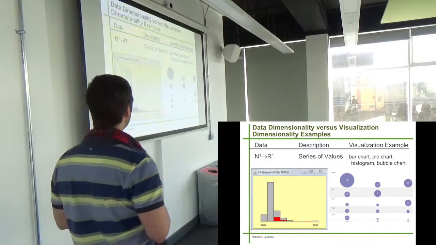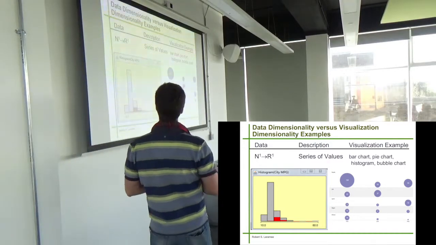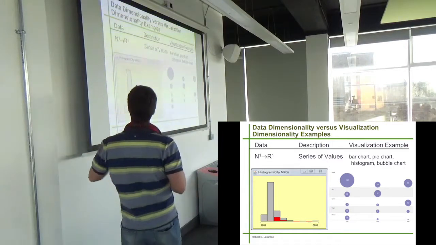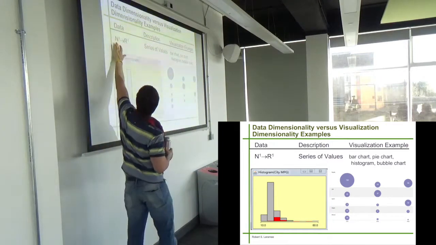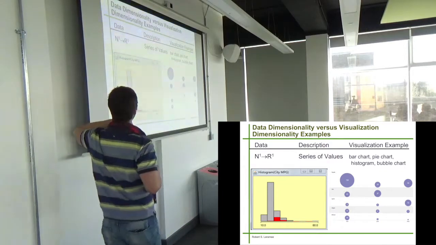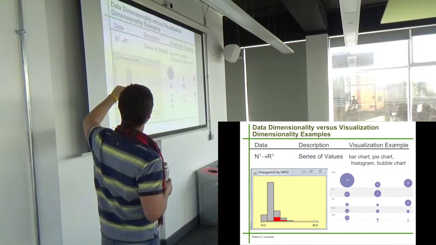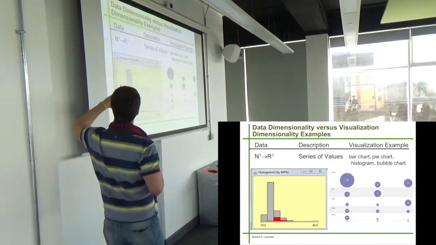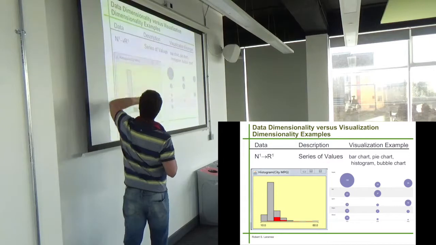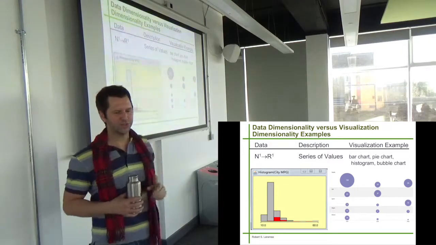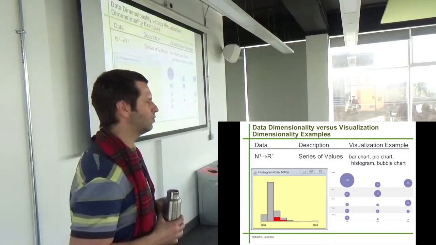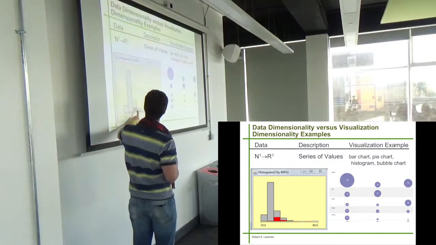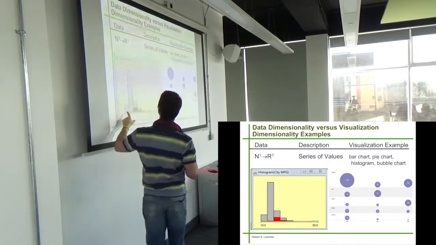This is just some examples of data and dimensionality. The N is a set of categories, or the natural numbers. So the natural numbers to the power of 1, that means one set of natural numbers, being mapped to a set of real numbers. So in this example, we have a set of categories, or a histogram.